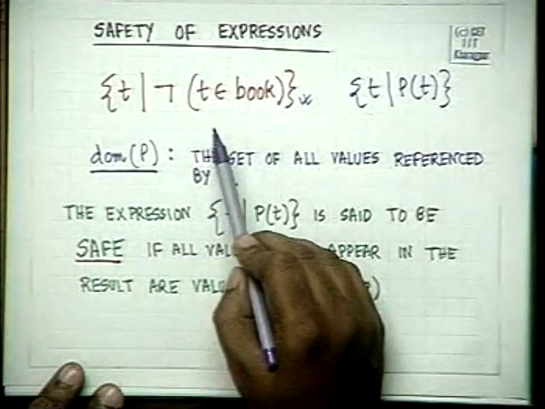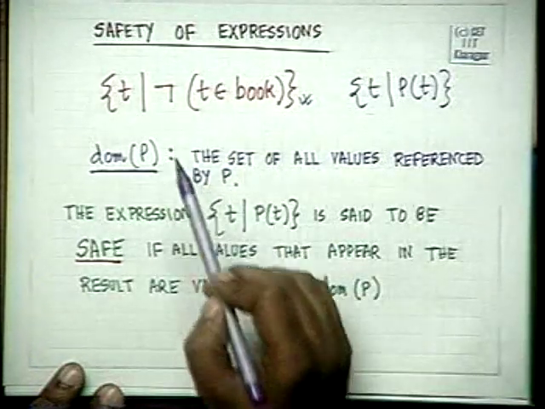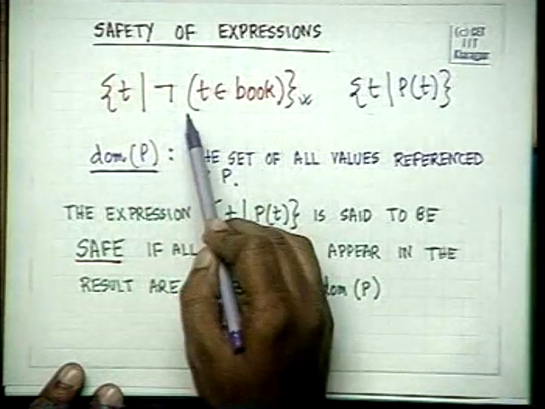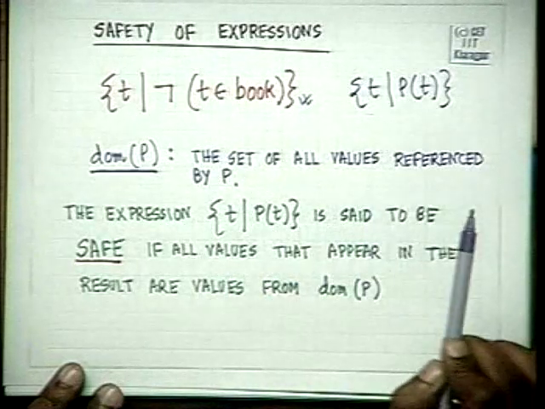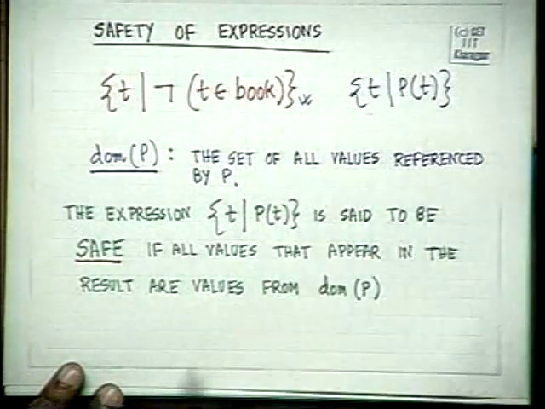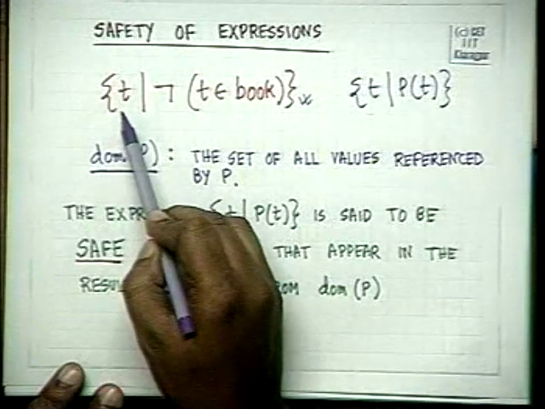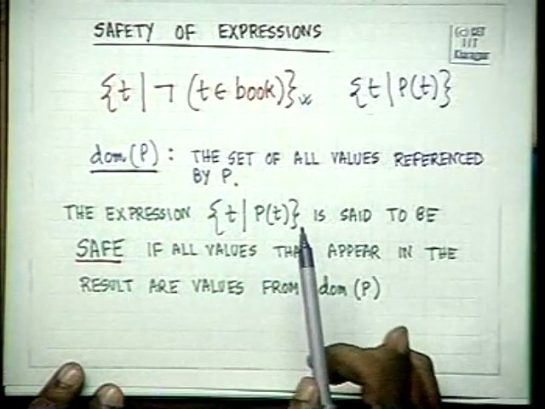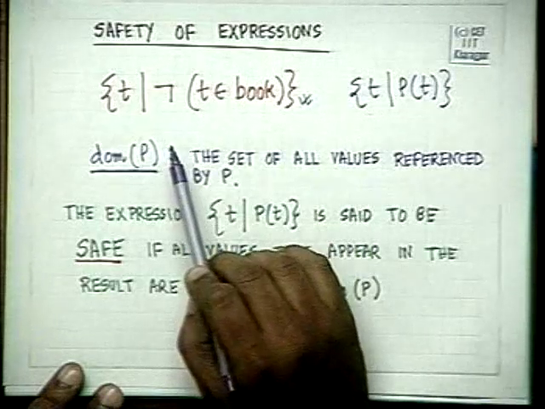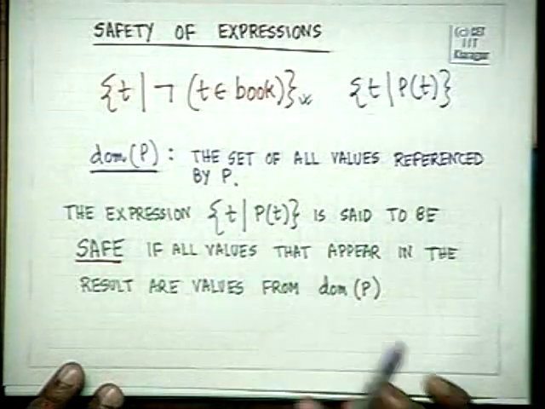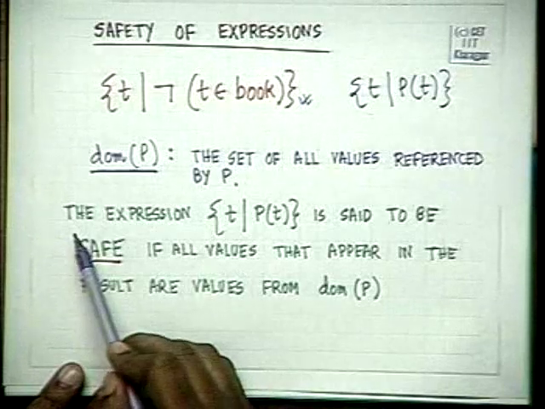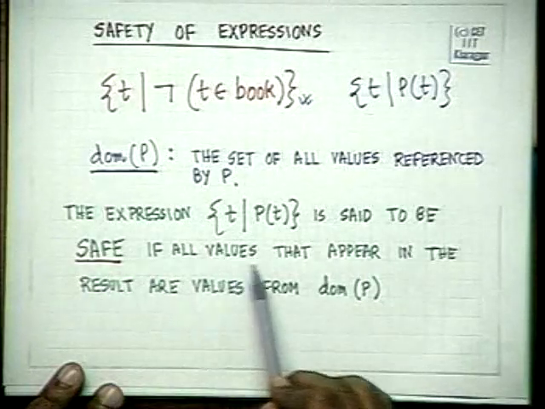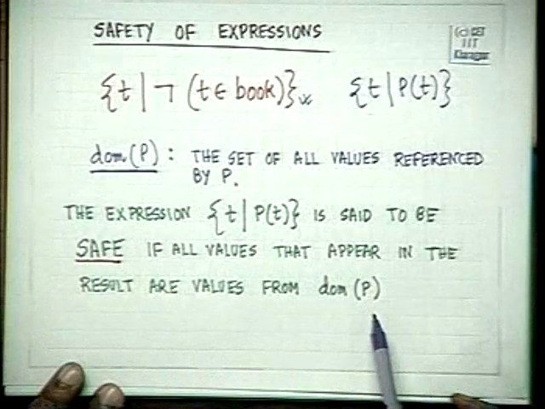So you have to define the set of universal books and say that t such that t is an element of all books, some all-books relation must be there, and t is not there in the book relation which is there in the library. Then you will get something which is safe, because now you will have the 2 possible domains, books and all books, and the tuples that you will get will be part of the all books or books combination. So in that case it will be safe. So an expression is said to be safe if all values that appear in the result are values from DOM P.